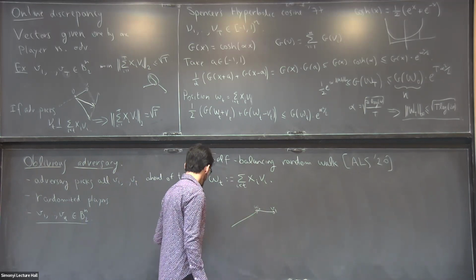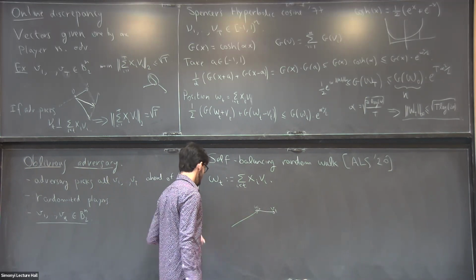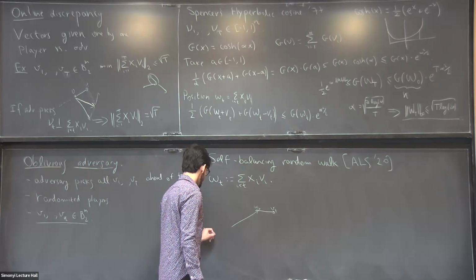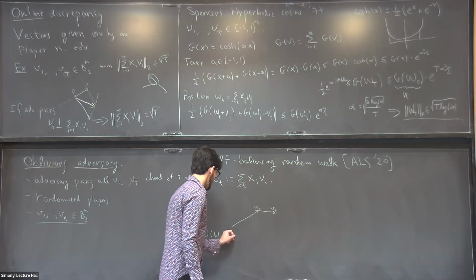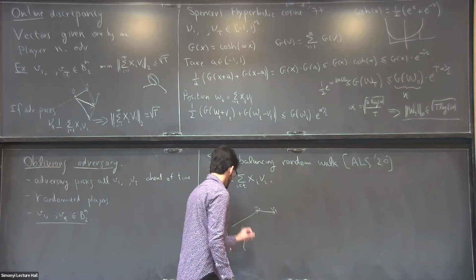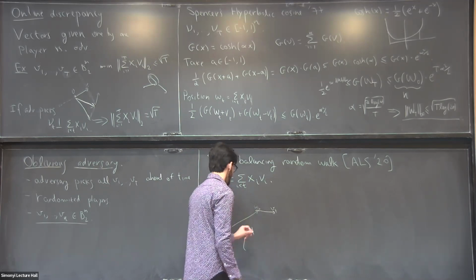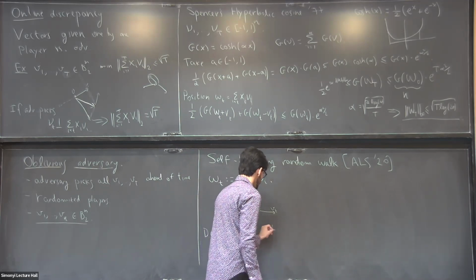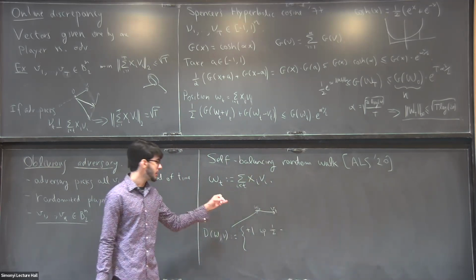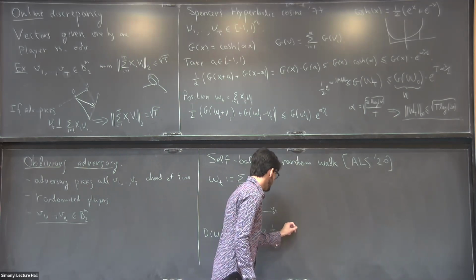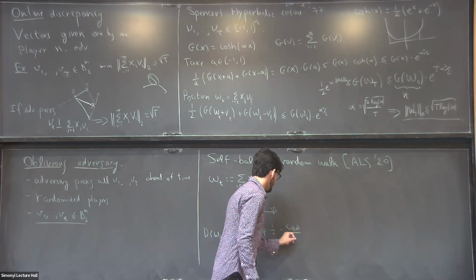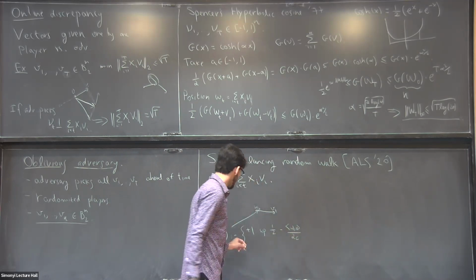So we're going to define a probability to do this. Let's define some distribution that depends on the position and the vector. It's going to output +1 with probability given by a linear function of the inner product of my position and the current vector, and there's going to be some parameter C that we can choose later.